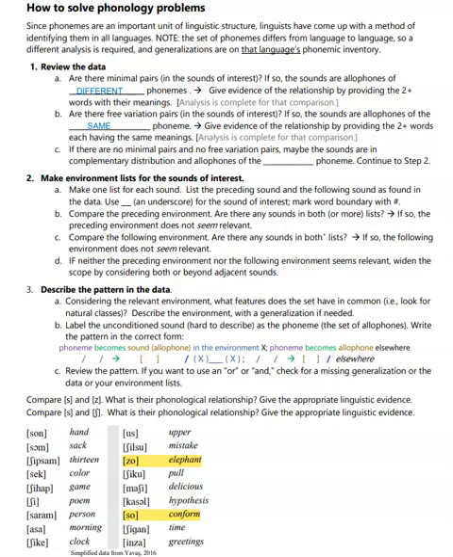Since there are no minimal pairs and no free variation pairs, we have to then consider if the sounds are in complementary distribution, and therefore allophones of the same phoneme. In order to do that, we have to move on to step 2, make an environment list.